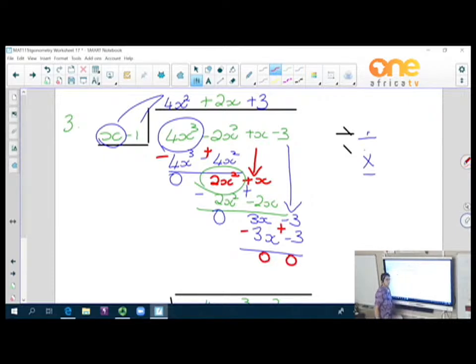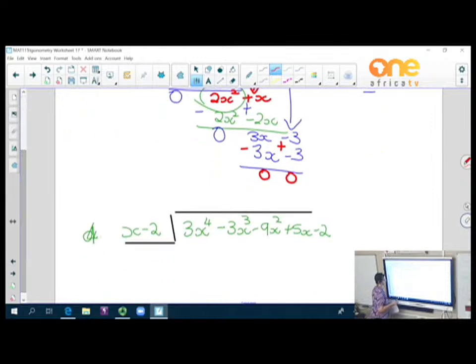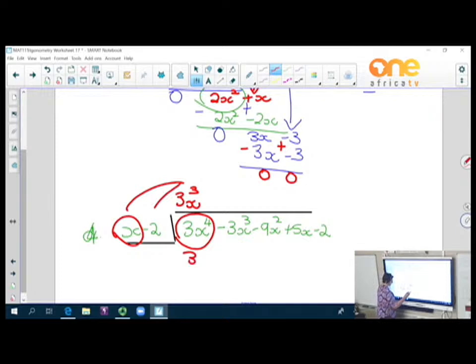And then 0, 0. So there is no remainder. So that one is a factor. Number 4. How many times will x divide into 3x^4? 3x to the power of 3. Multiply. So then you have 3x^4 minus 6x^3.